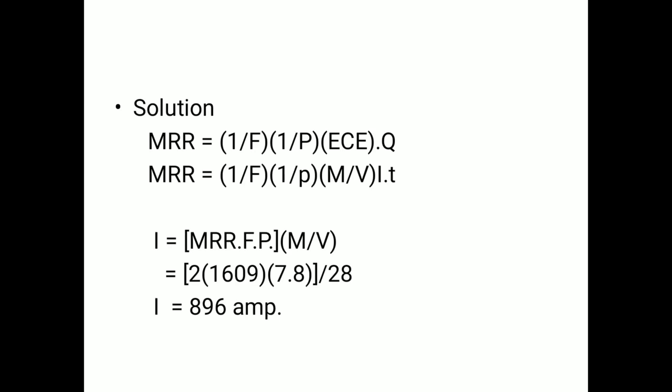So you will end up with an answer having unit of centimeter cube per unit time. If you are asked to find mass material removal rate, you can use the formula ECE Q divided by ZF, or you can use A I divided by ZF. This formula is used to find mass material removal rate.